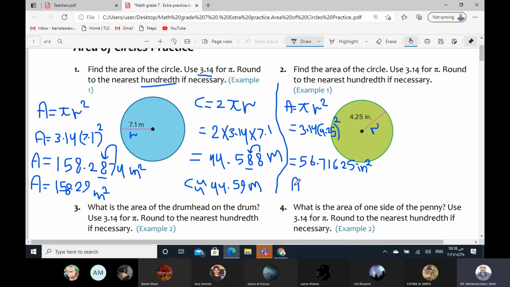If you want to round, this is the hundredths place here. Look at the number to the right, it is 5, so add 1 to the position. It will be here 56.72 inch squared.